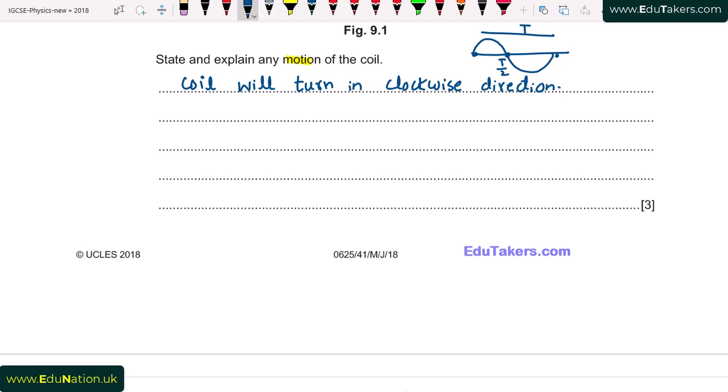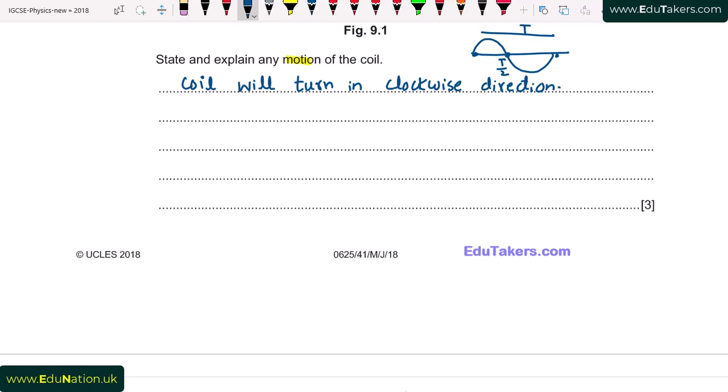First of all, it is positive and then it becomes negative. It means that the current reverses direction after every half turn in the coil. So, when the position of the coil changes, then the current also reverses.